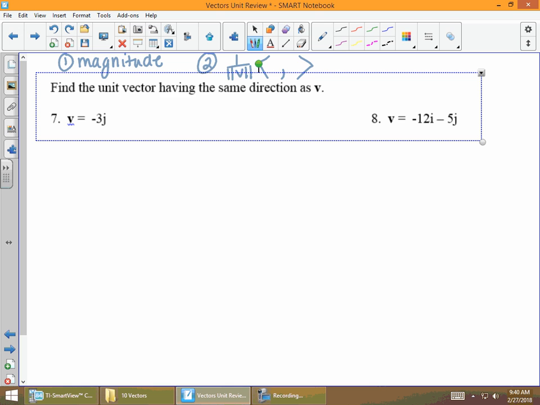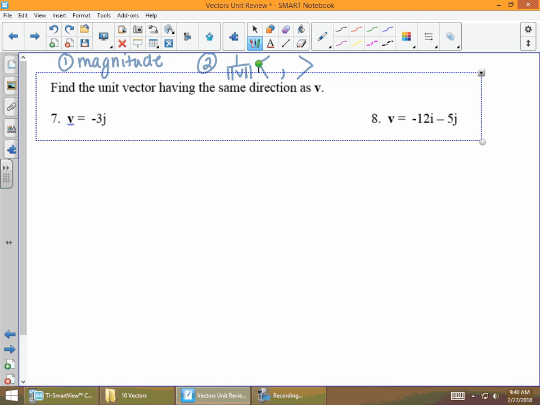Again, later when you're in calculus, it's going to be nice to have a unit vector every now and again so that you can work with a shrunken down version of your vector. Same direction angle, 1 unit long.